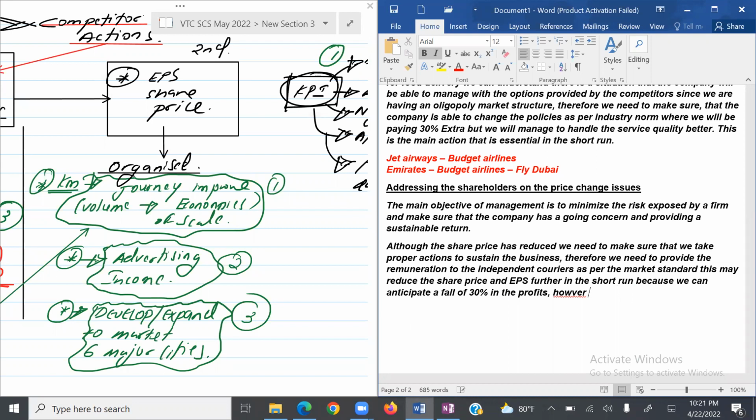However, this decision will always make sure that the company has retained the market share, which is more important than the profits for a sustainable going concern.